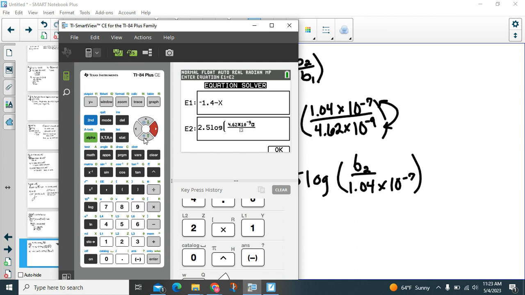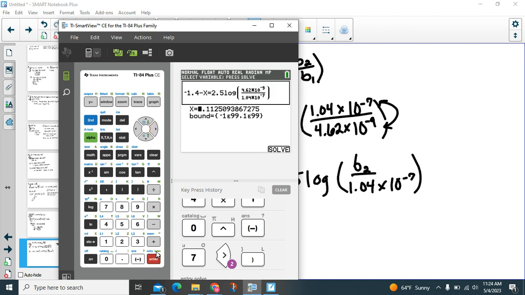All right, over 1.04 times 10 to the negative 7th. All right, we solve this thing.